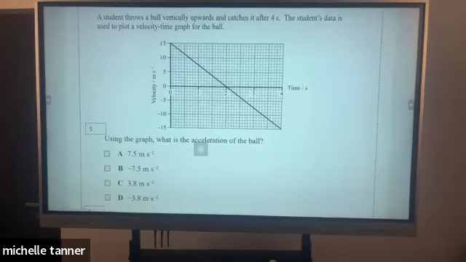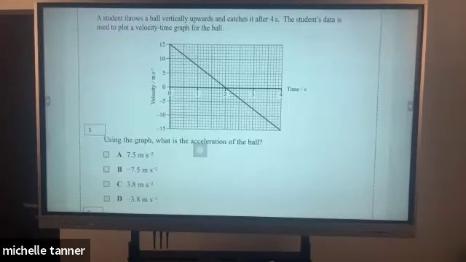The answer is 7.5 meters per second square. Right. So 7.5, positive or negative? Positive, sir. Why? Wait, hold on.